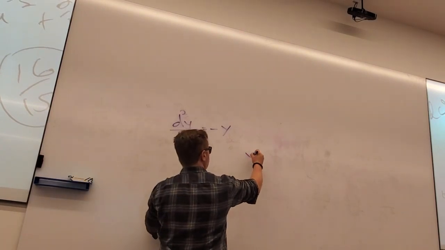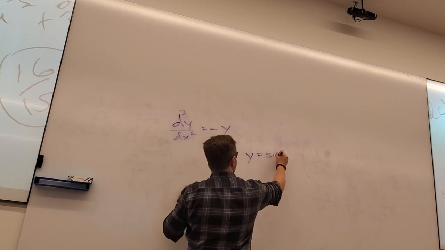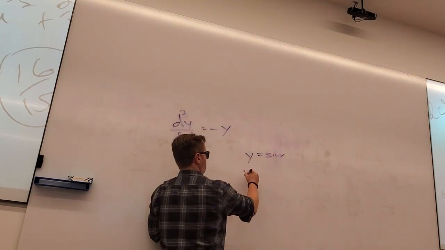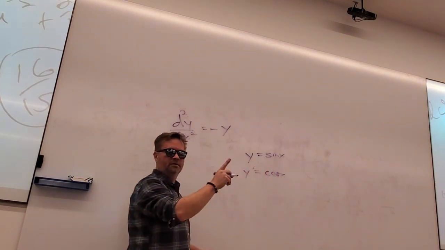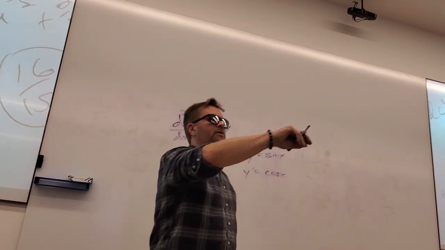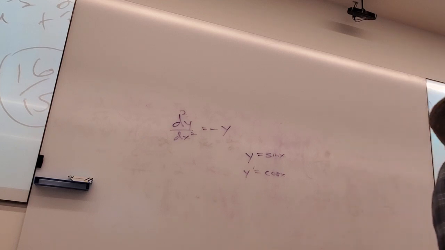Yeah, so let's say that y is sine. What would y prime be? Cosine. Remember this? Do you remember what I said about cosine? Yeah, cosine's an asshole, right?